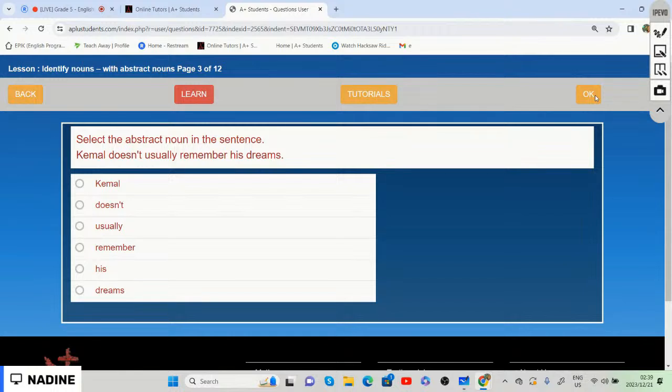So we need to select the abstract noun in the sentence. Is it Kamal? Is it doesn't, usually, remember, his, or dreams? What is the abstract noun within that sentence?